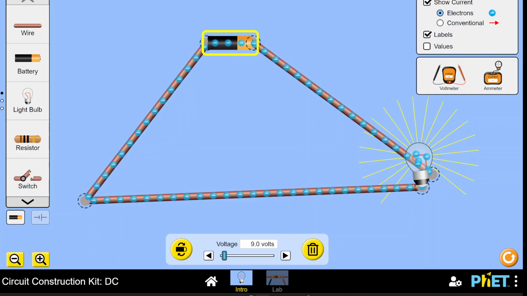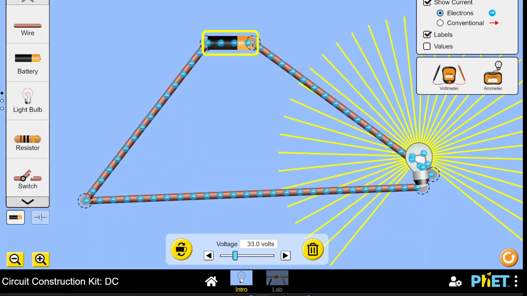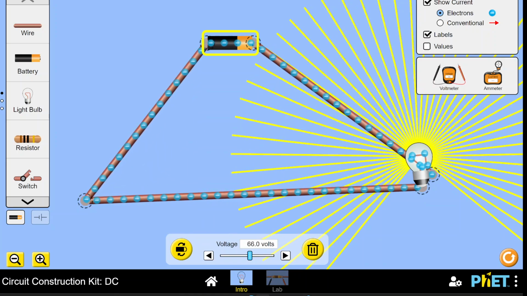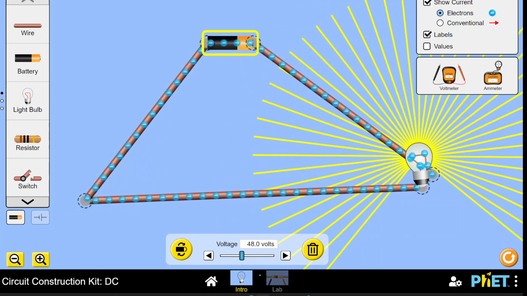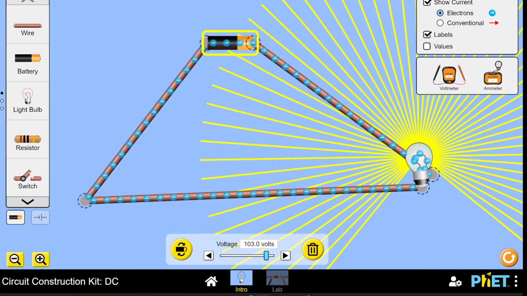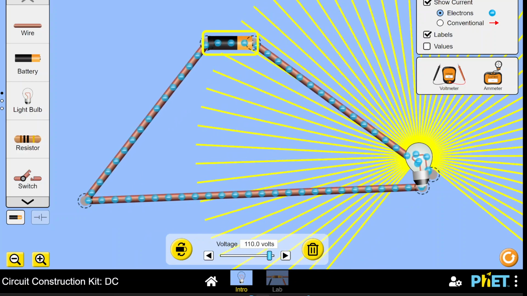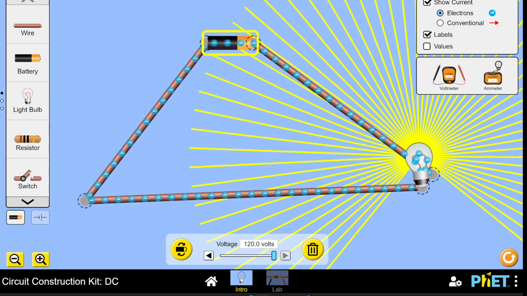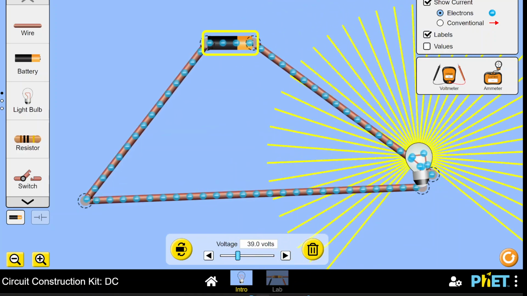So this is 9 volt, but if I change it to 30 volt, 50 volt, as you can see, more current. Increase delta V, current will increase. Increase potential difference, current will increase. Obviously, you see more light produced. You see the charges are passing by faster in shorter amount of time. The time becomes less, the current increases, as you can see.